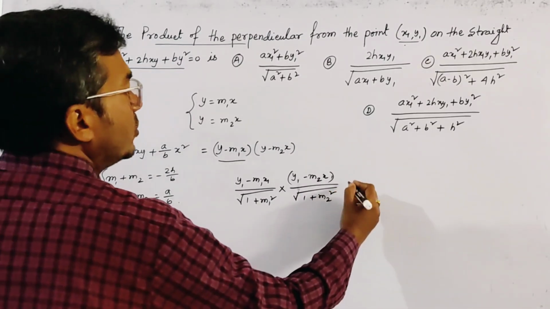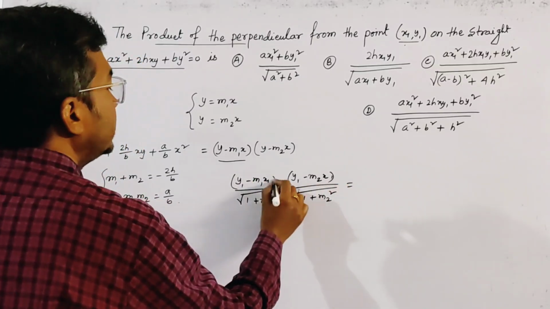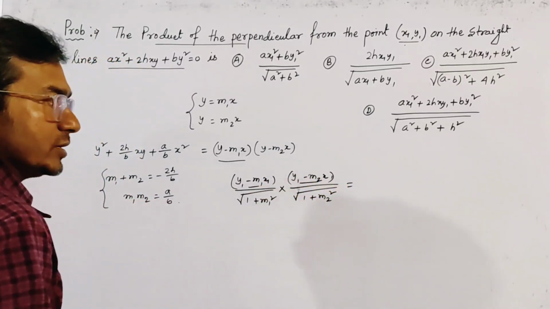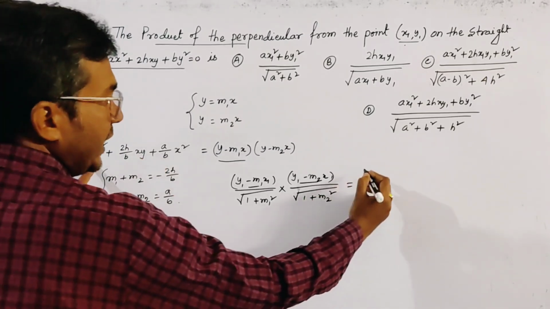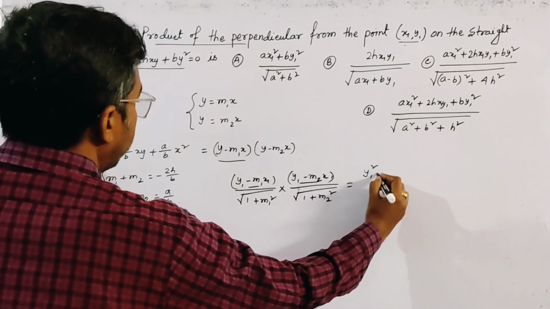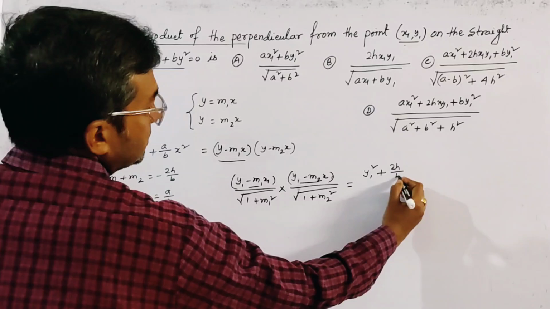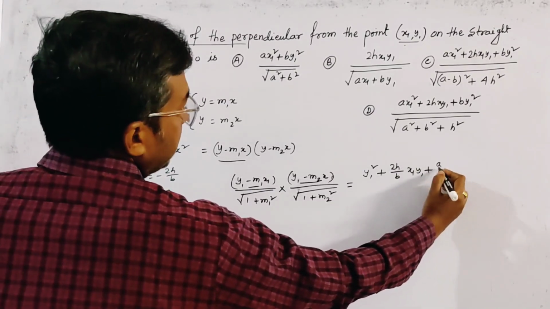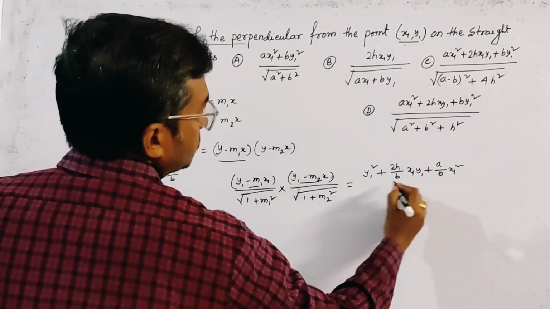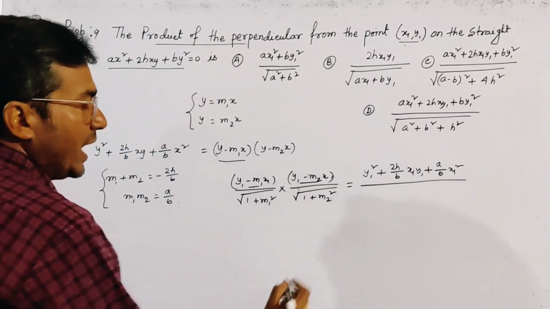Now, multiplying these two factors in the numerator, we get the same result as this. So we write directly y1² + (2h/b)x1y1 + (a/b)x1².